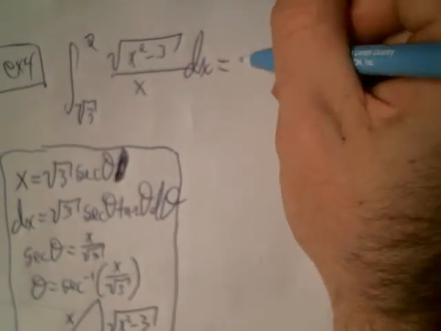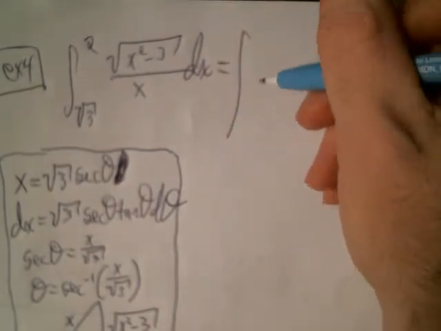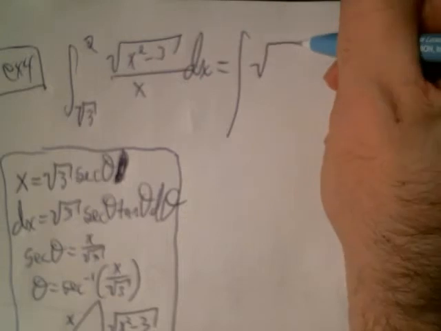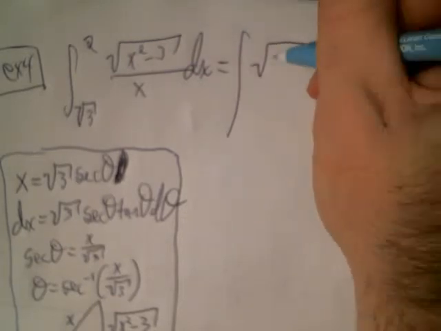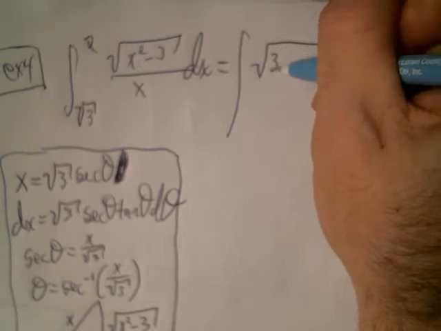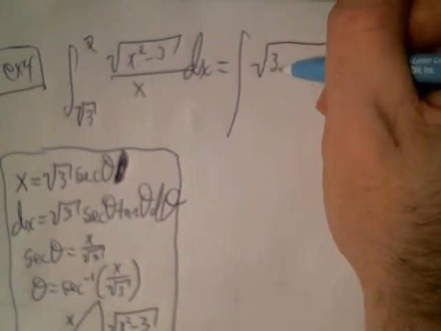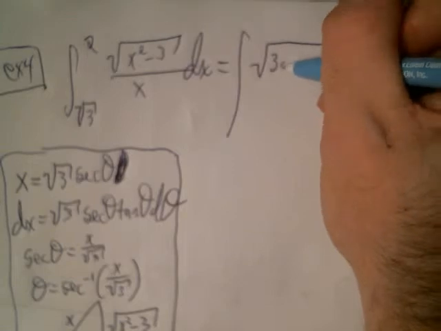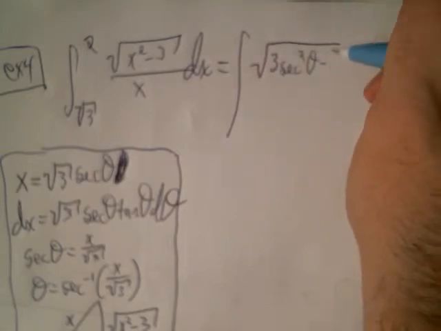Okay, so let's dive right in. I get the square root of x squared minus 3, where x is root 3 secant theta, so x squared is 3 secant squared theta, minus 3.